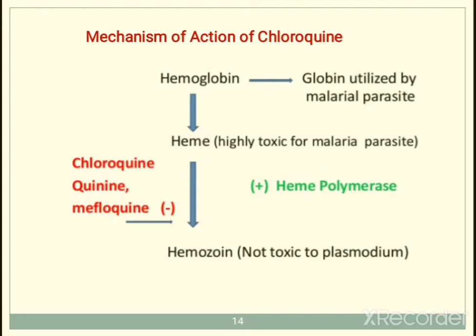So if we block this conversion of heme to hemozoin, which is blocked by chloroquine, quinine or mefloquine, that is the 4-aminoquinoline derivatives, the formation of hemozoin is blocked by these drugs, and the concentration of heme in the blood increases. This heme is toxic to the malarial parasite, and because of this toxic nature the malarial parasite dies. So this is the simple mechanism of action of chloroquine.